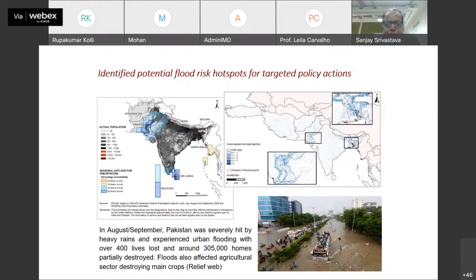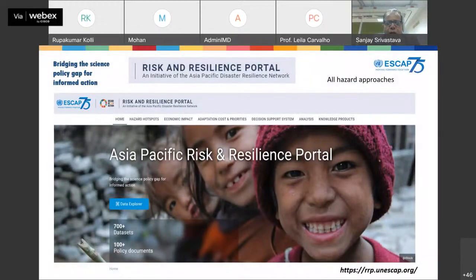The next slide is to tell you that to operationalize the climate services, and particularly the monsoon impact forecasting, we have developed a risk and resilience portal. All the data that I shared with you, because it's an era of digitalization, included the gridded WorldPop data, all infrastructure layers. UNESCAP is a custodian of all energy, transport, all infrastructure layers.